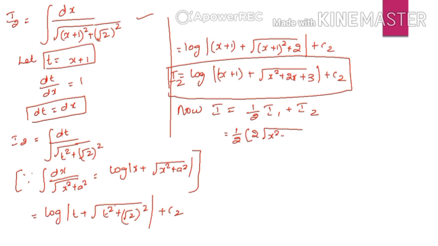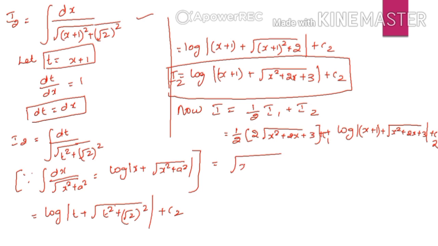is 2 into square root of x square plus 2x plus 3, plus log modulus x plus 1 plus square root of x square plus 2x plus 3, plus we can write it as c, because both c1 and c2, even if it is in fraction, we get a c only.